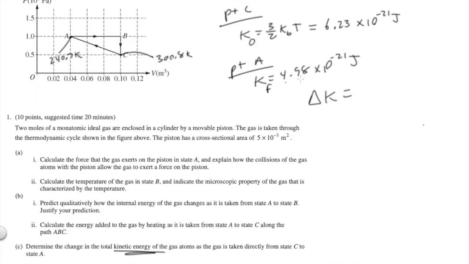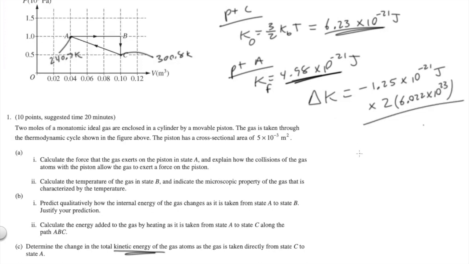Final minus initial comes out negative: negative 1.25 times 10 to the negative 21 joules. But again, that is for a single molecule, so you have to multiply this by the number of molecules, which gives us negative 1,500.